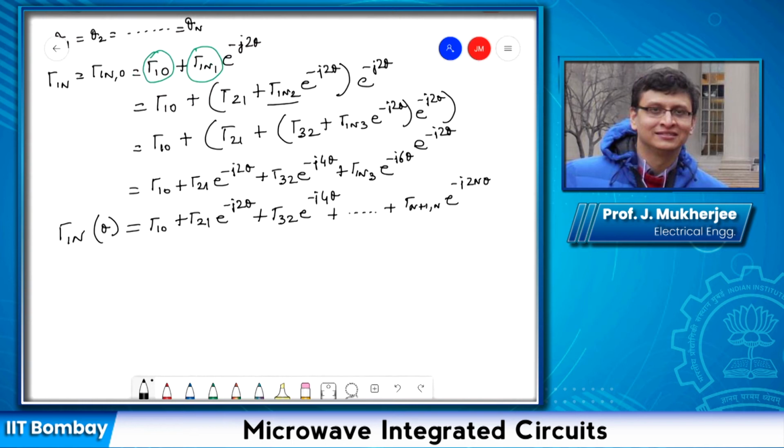Fine. Where these gamma 10 and other values are given like this.